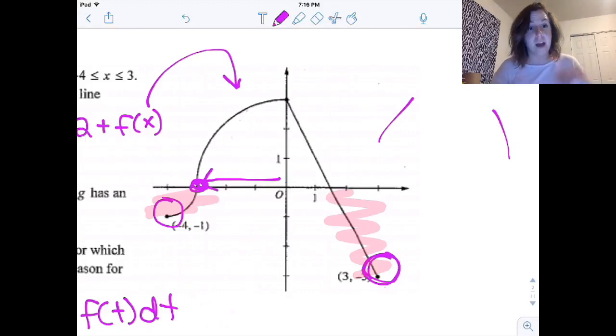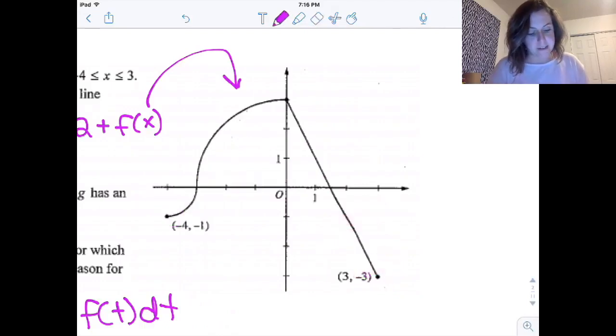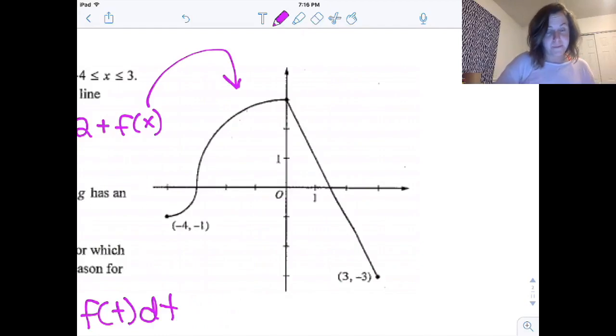Those are not going to be the maximums. But I see in here, if I actually look at what's happening, it's negative, and then all of this area is positive, right? And so it's accumulating more and more and more there. If this was just G prime equals f, this would be my absolute maximum because that would have the most accumulated area. But what we need to look at is that 2 plus here.